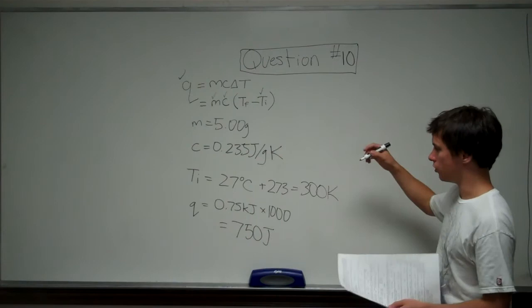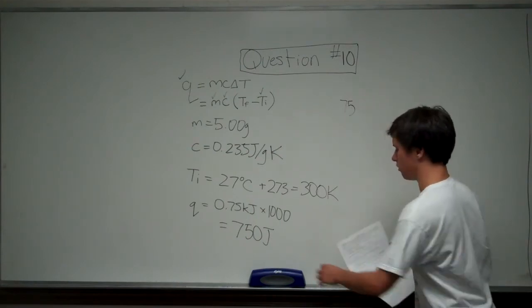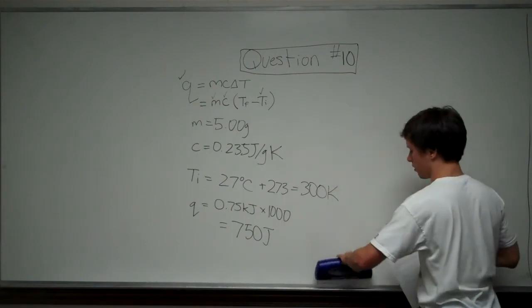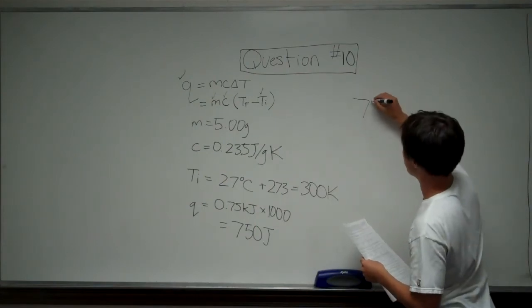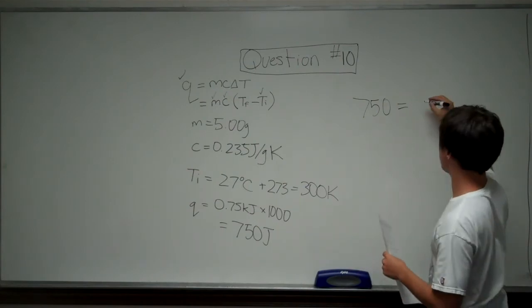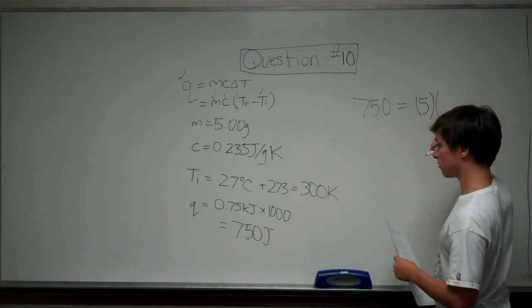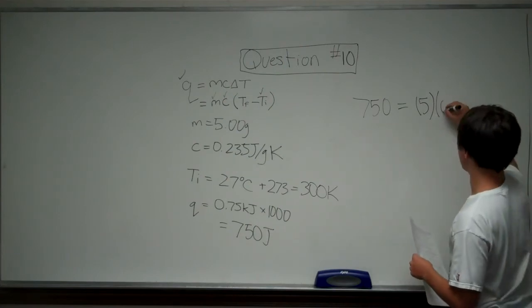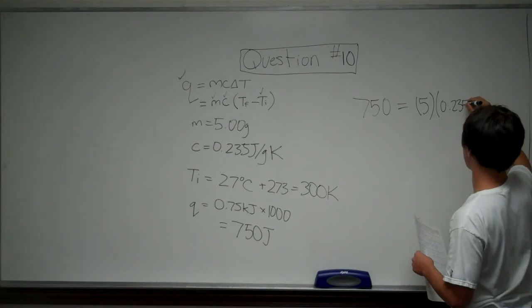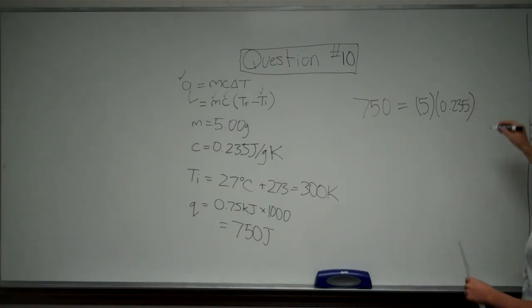So we have Q is 750 equals m is 5, and c is 0.235, times T final minus T initial.